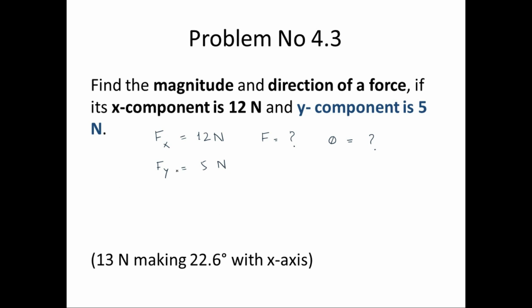To find the magnitude of the force, we use the Pythagoras theorem, where the square root of f of x square plus f of y square should be equal to the magnitude of the force.